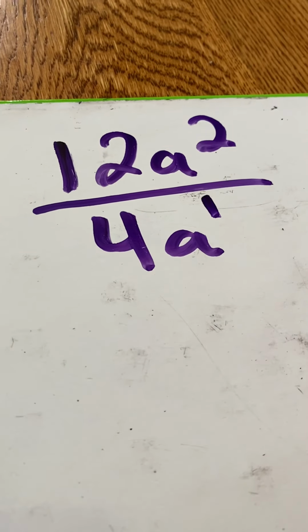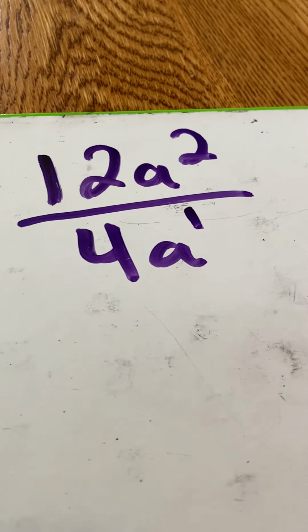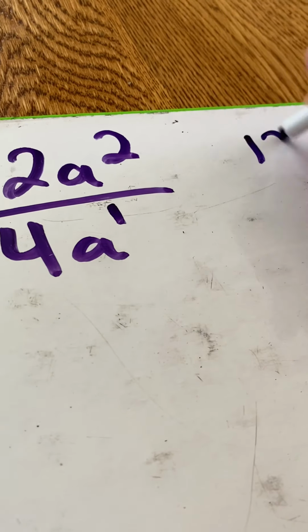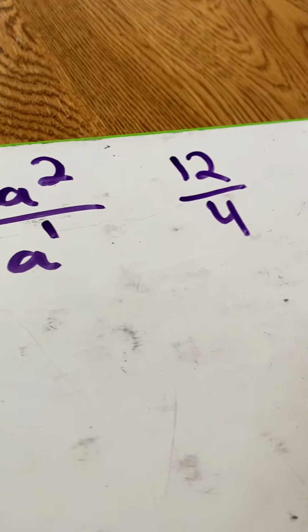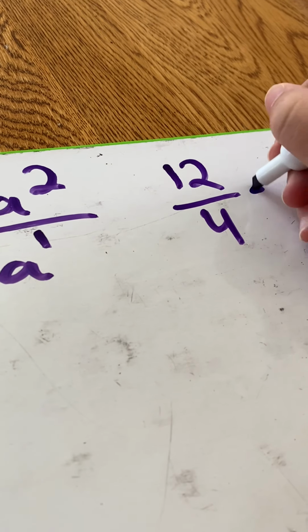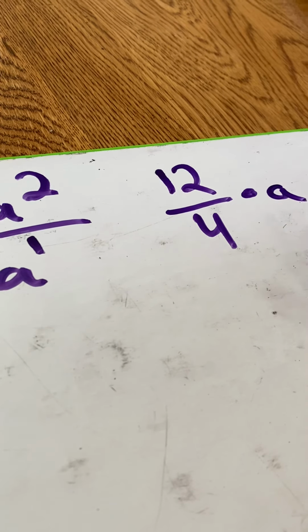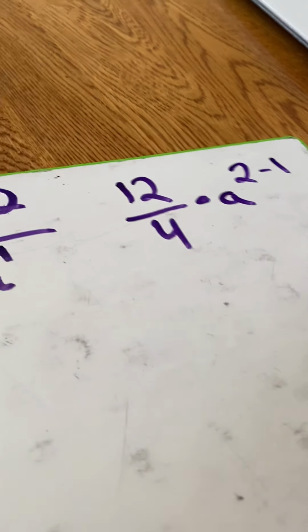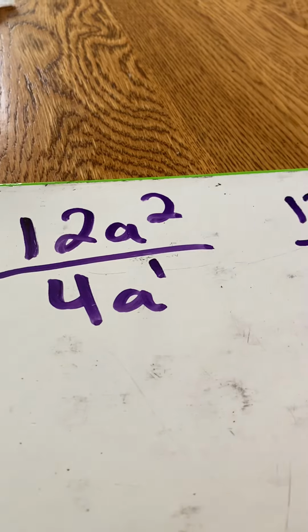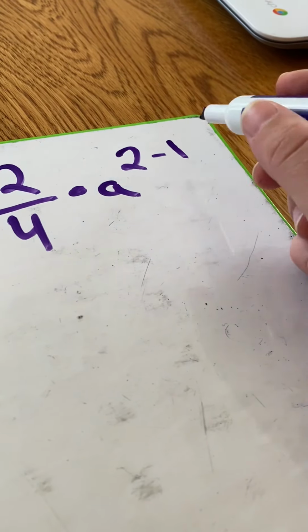That way we remember that. So essentially it's going to be 12 over 4, multiplied by a to the 2 minus 1. And how we got that: a squared, here's the 2, and then this is the 1. So we got 2 minus 1.